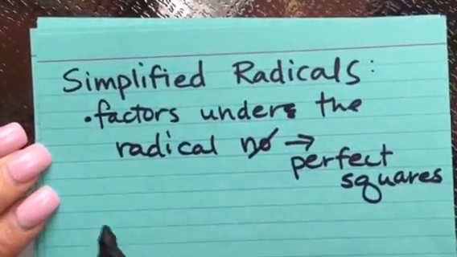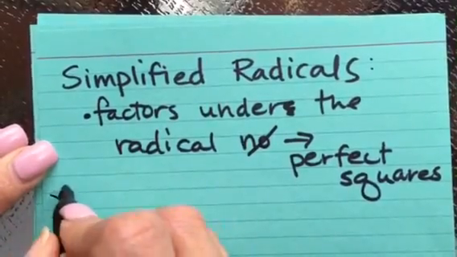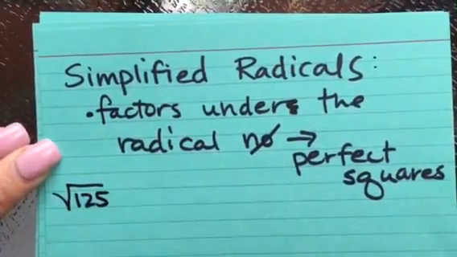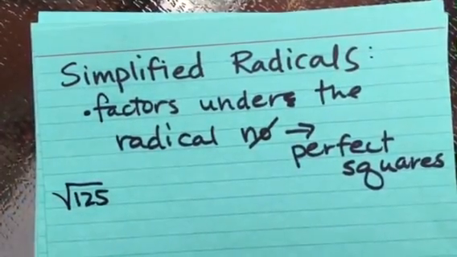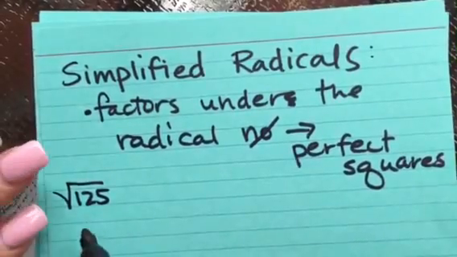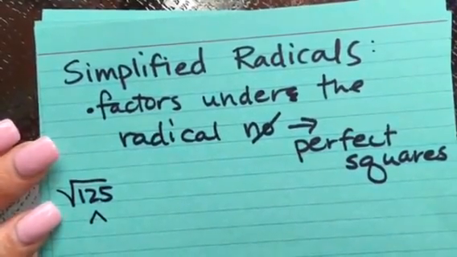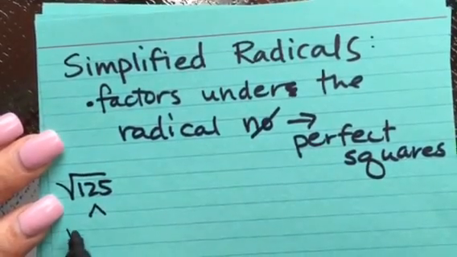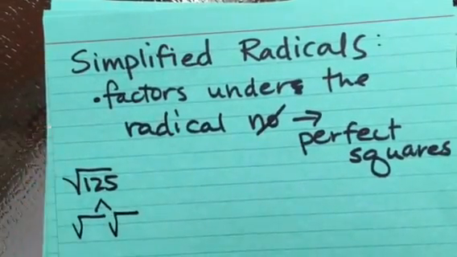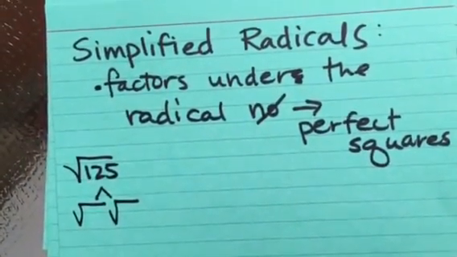So we're going to look at like the square root of 125. How would we simplify this? Well, we would want to break this into radicals that have a perfect square factor and a non-perfect square factor, if that's possible.